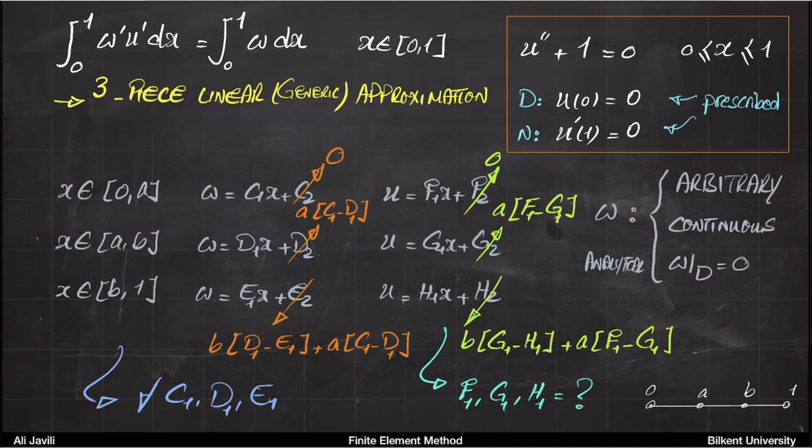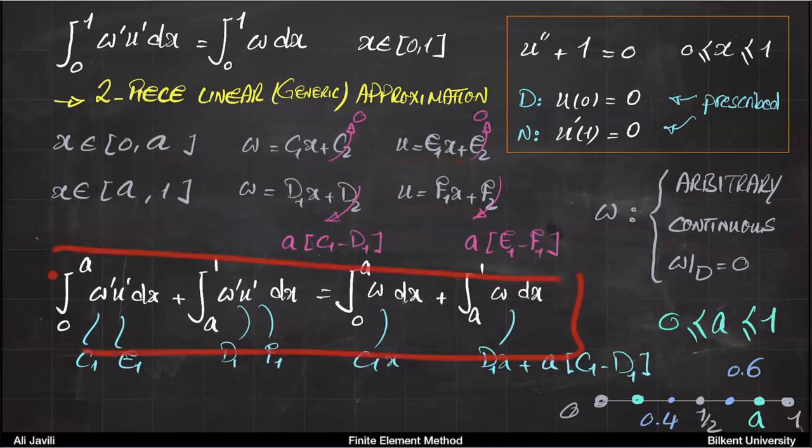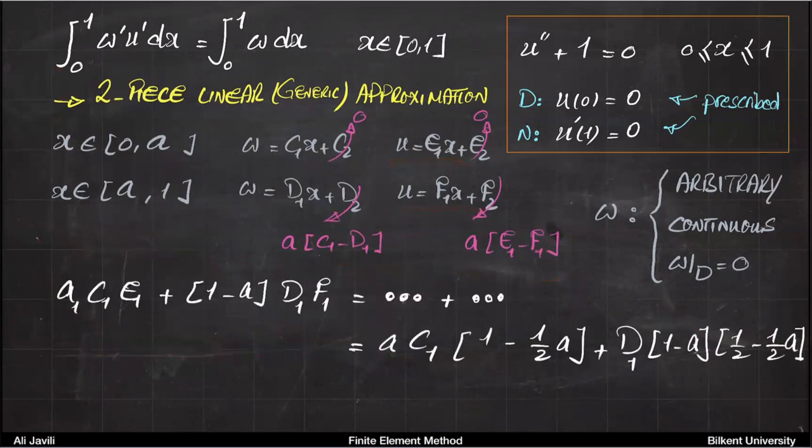This is the first step. I don't know how much of the previous lecture you can remember, but what we do here is exactly what we did previously. If we had a 2-piece approximation, we had these 2 pieces, defined the continuity condition and boundary conditions, then split the weak form into those two pieces, and you get this big equation.